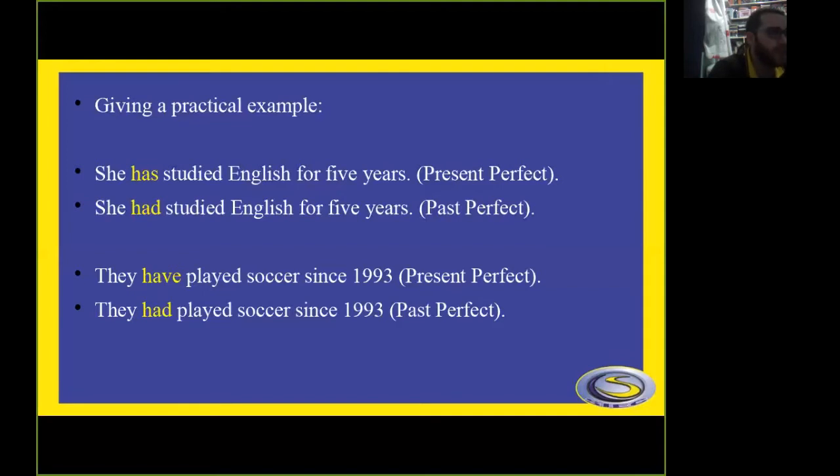The difference is about the use of have or has and had. In the past perfect we use just had. There is not a difference like have or has, a difference in form. In this case we have only one form, which is had. So you can notice there's no problem here.